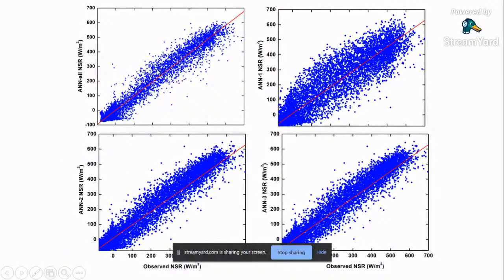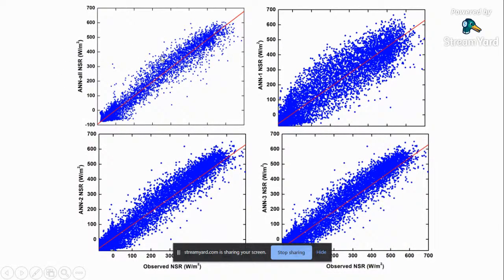So we have seen different ANN scenarios using all four inputs, and I am going to show what inputs I have used. Using all inputs in the model, we see how the ANN captures the observed net surface radiation, and then by eliminating one parameter, how it tries to estimate.